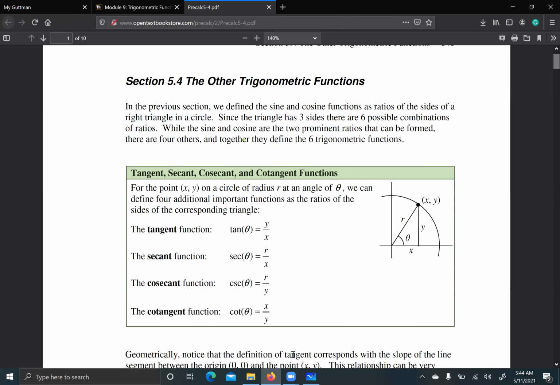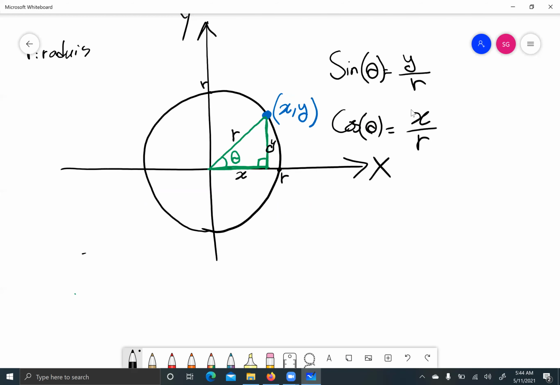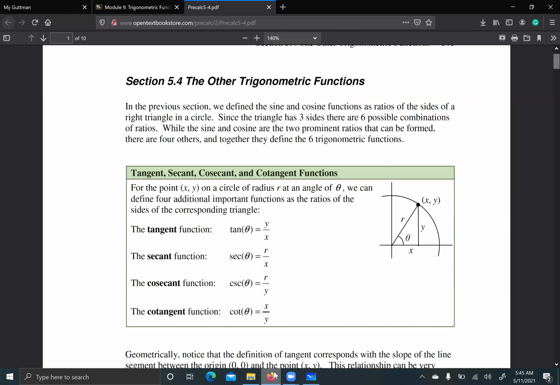Now, because technically we can define sine and cosine by ratios of a right triangle, how about other ratios? For example, you may say, hey, if it's about taking ratios, we can also look at the ratio of y over x. Let's divide y over x. That's also interesting and possible.